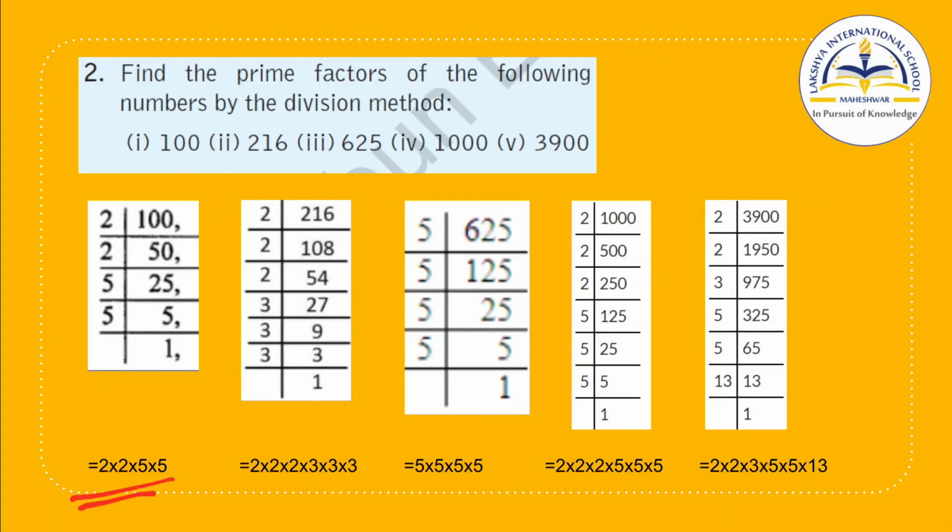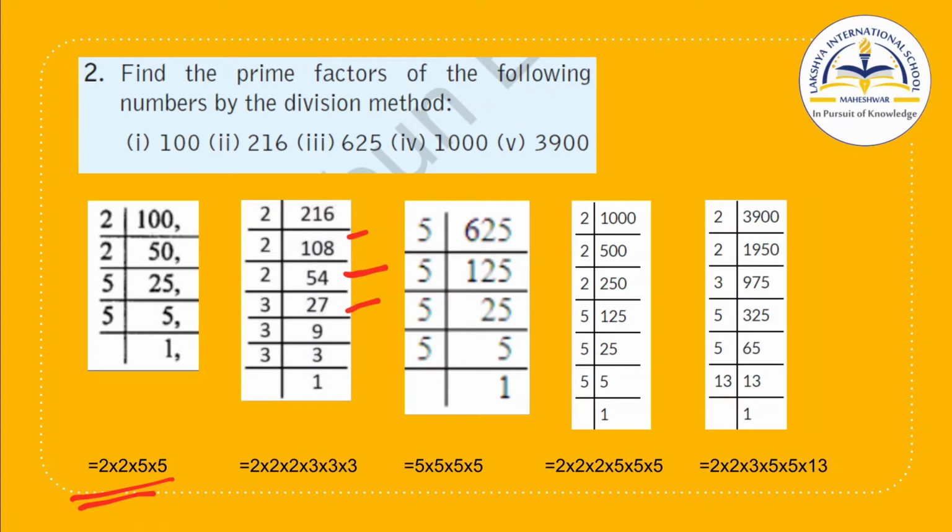Now in the same manner, question number 2, 216. 216 is also divisible by 2. So we get 108. Now again 2, which gives 54. Then again 2, 27. Now 27 is divisible by 3.